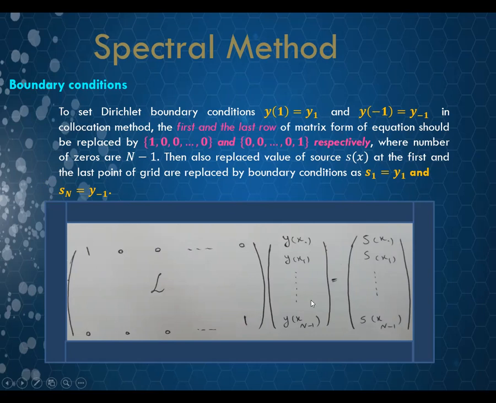By this replacing, the boundary condition will be applied in this method. And it is sufficient to solve this matrix equation and find y at x1 to y at x_(n-2), and you have the solution of this differential equation.